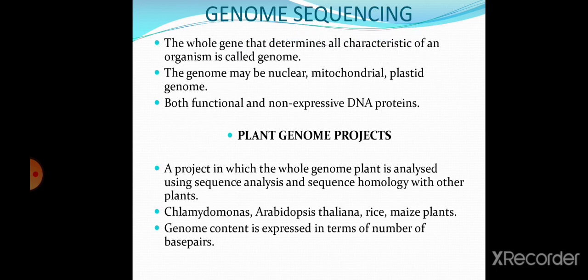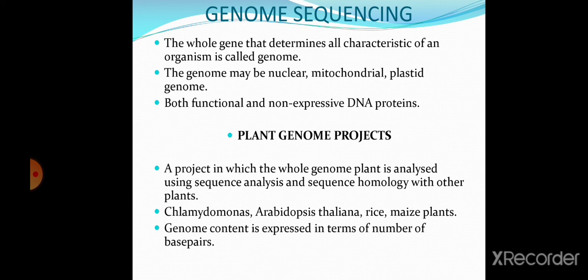Genome sequencing. What is genome sequencing? What is a genome? The whole complement of genes that determines all the characters of an organism is called the genome. The genome may be nuclear genome, mitochondrial genome, or plasmid genome.